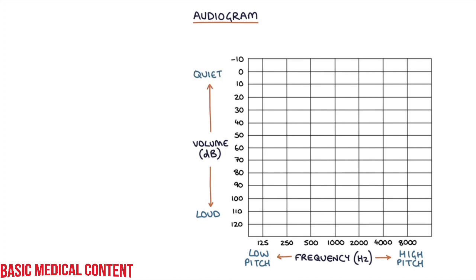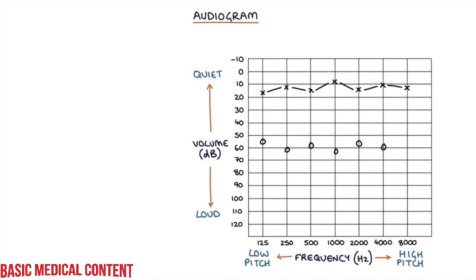The lower down the chart, the higher the decibels and the louder the volume. The higher up the y-axis, the more sensitive the patient's hearing is. Hearing is tested to establish the quietest volume at which a patient can hear each frequency. This level is plotted on the chart.